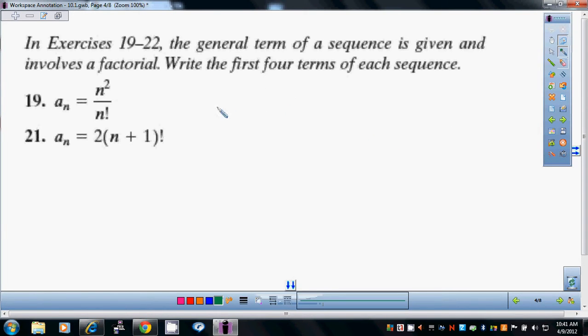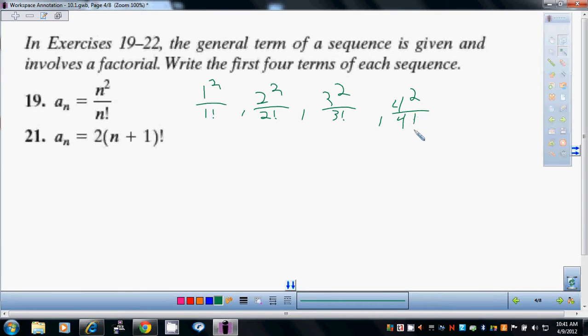So, first 4 terms. The first term would be 1 squared over 1 factorial, and then 2 squared over 2 factorial, 3 squared over 3 factorial, 4 squared over 4 factorial. That's going to be 1.